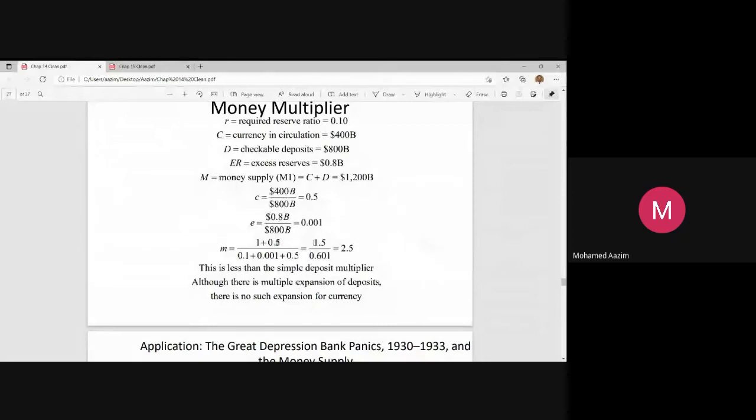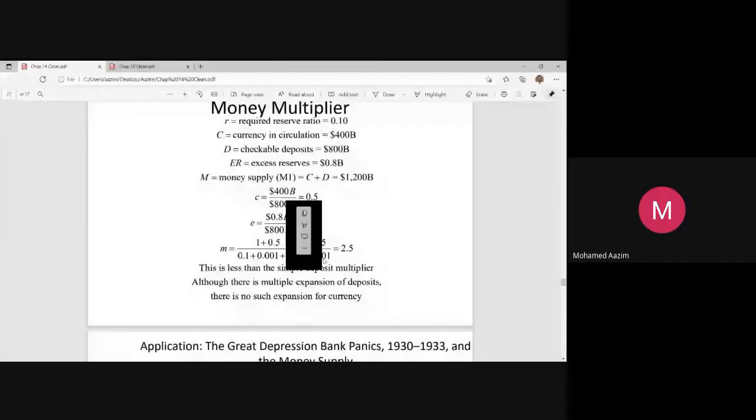As a result, the denominator here becomes 0.701. So 1.6 over 0.701 is not 2.5. It would be lower than 2.5, something like 2.3. Calculate and see. So increasing currency holdings would reduce the multiplier.